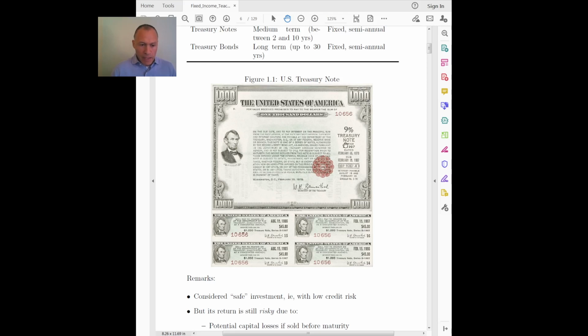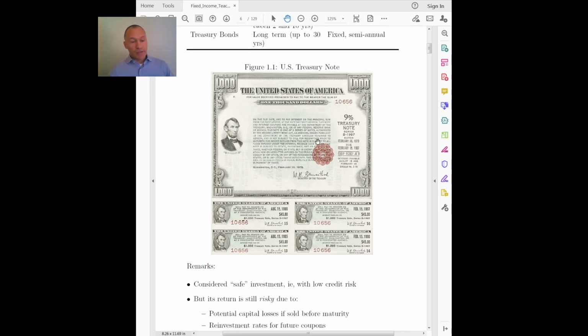Then it also says here this interest rate, 9%, which is the interest rate that the bond is going to pay every year. So 9% over these $1,000, right? There are more details here, like the date when it was issued, and the due date, which would be the maturity date. So in this case, the bond would end on February 15th, 1987.